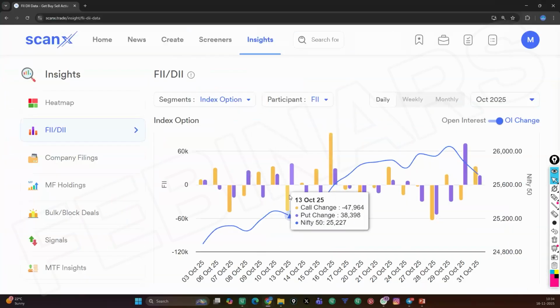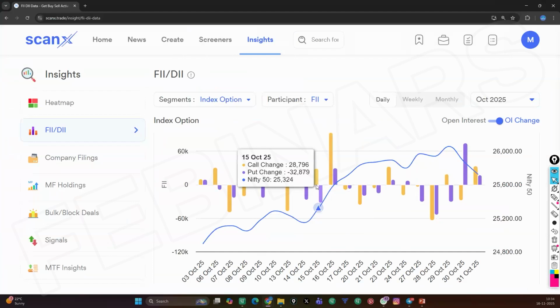Could you please tell me, on October 15th, was the FII data bullish or bearish? 26,000 call bought, 32,000 put sold.